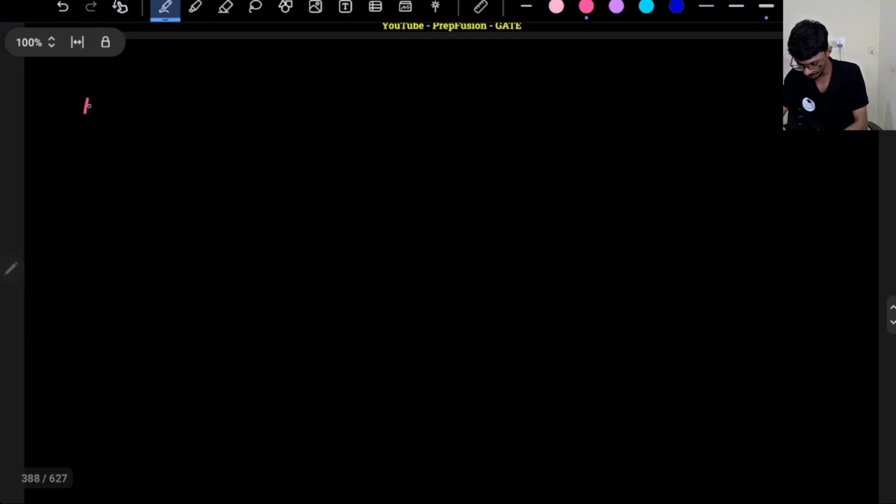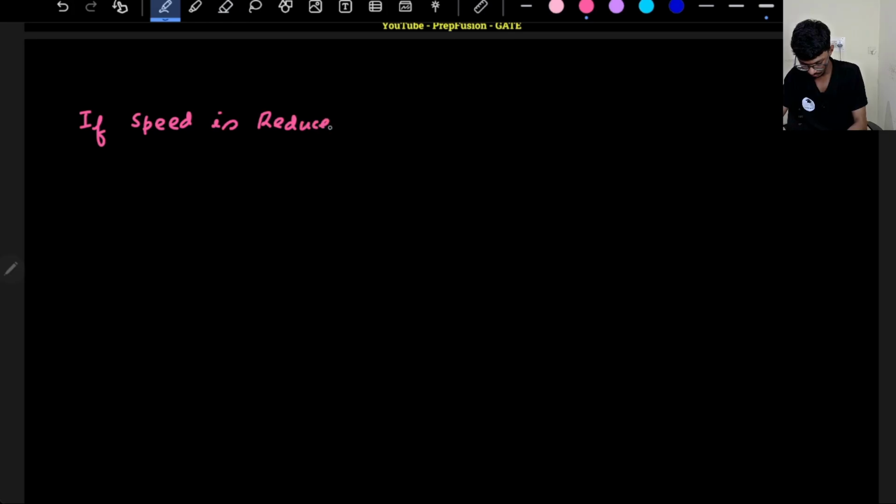If speed is reduced, what is my E? E is proportional to N, right?